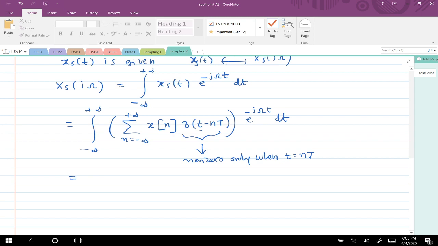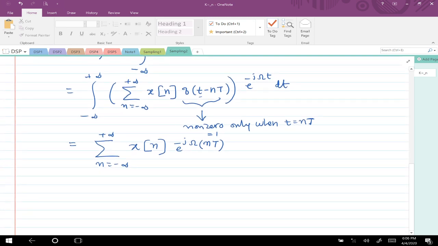So doing that will give me the summation over n equals minus infinity to plus infinity of x of n, and since the delta is non-zero, that means also this is equal to 1, and x of n into e power minus j omega, with t equal to nT. That's what I'm substituting here. So this is an important result again. Let me write the final result here.